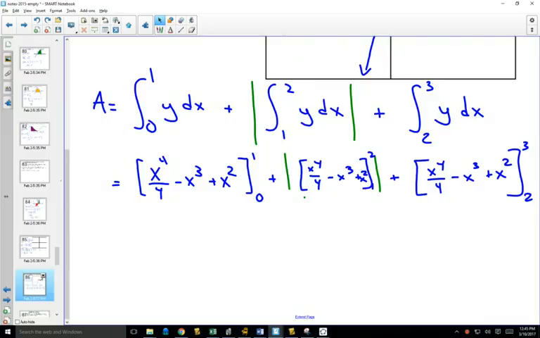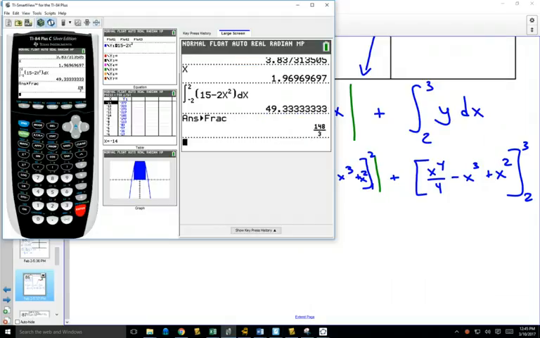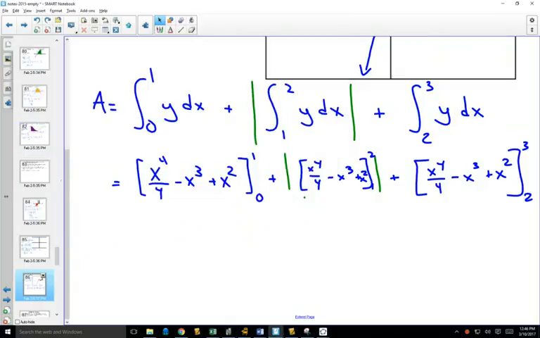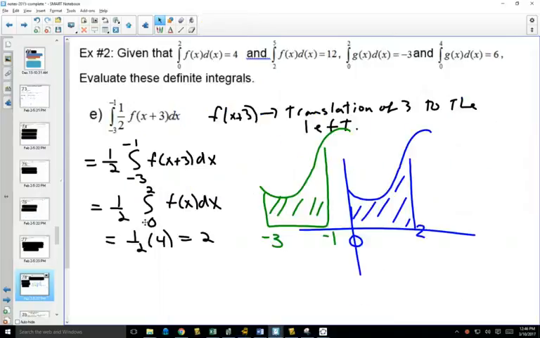At this point, we have a bunch of not very nice mental math to do. So instead of doing all of that mental math, I've got it pre-done for you here.